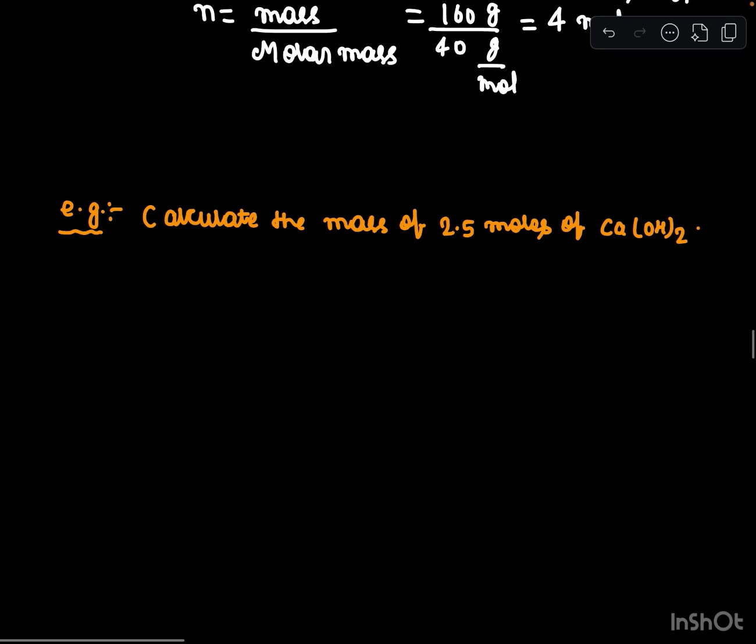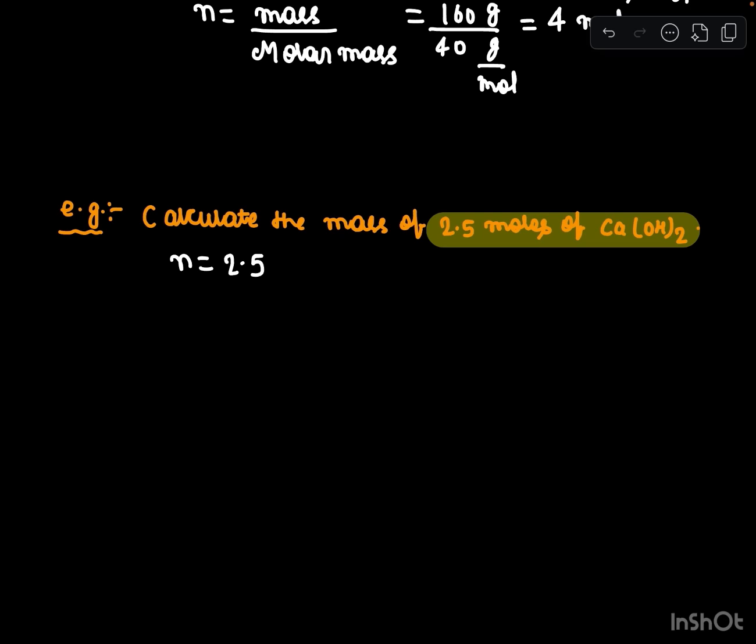Next example: we have to calculate the mass of 2.5 moles of Ca(OH)2. Here the number of moles is 2.5.